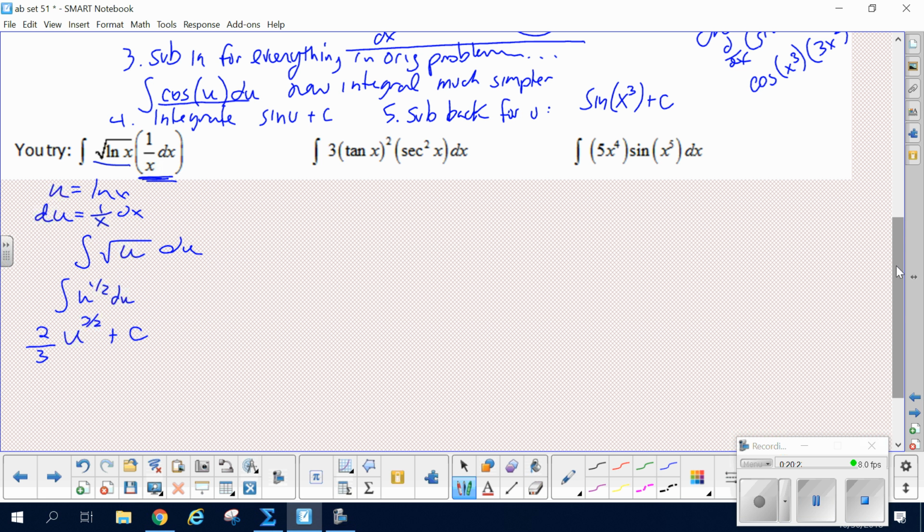Plus c, and then the last thing I do is sub back for u. So 2/3 times log of x to the 3/2 plus c. If this were homework, I probably wouldn't check, but if this were a test, I would check by taking the derivative. You follow? Okay, try the next 2 on your own.